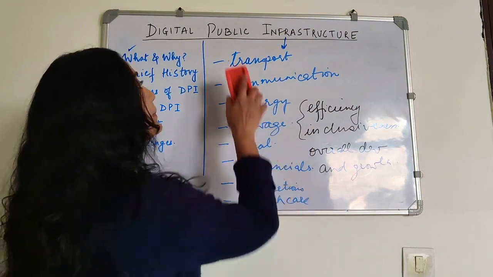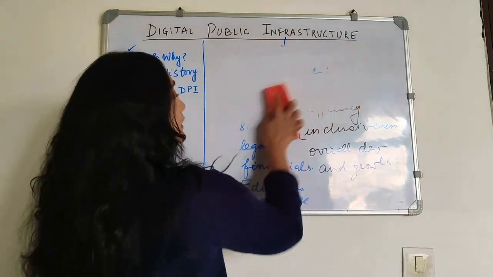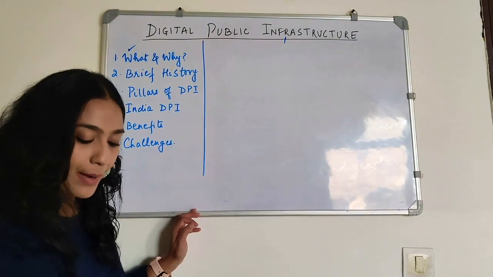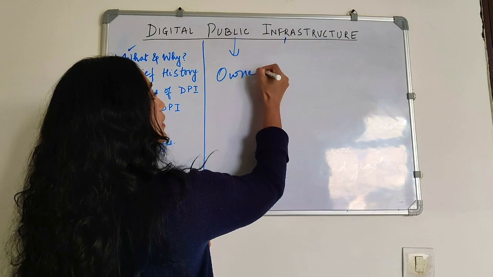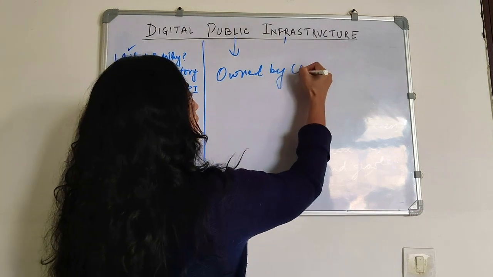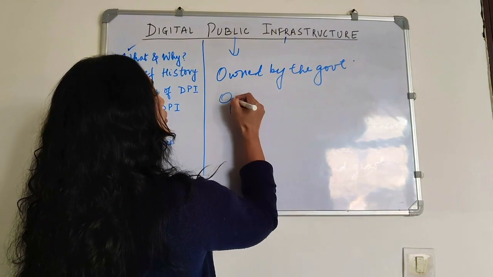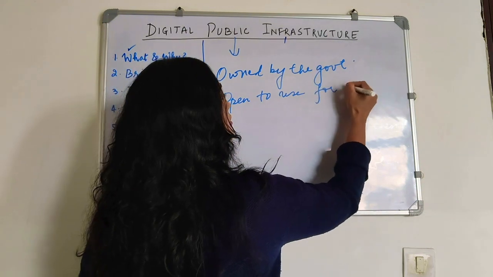The second term in the full term DPI is public. Now public, we know, is basically anything that is owned by the government and open to use for the general public.